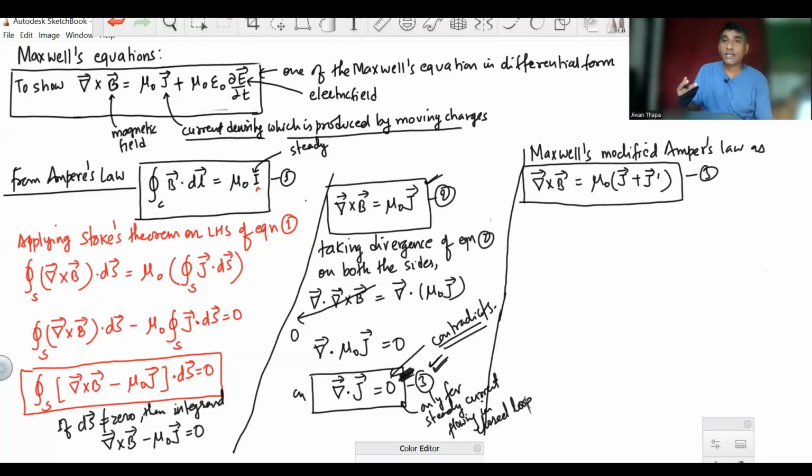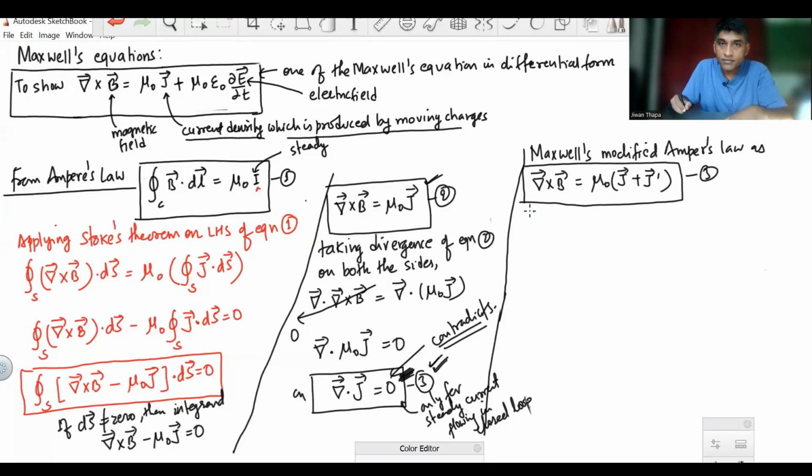And if we have steady current, then we get divergence of current density equals 0. But we find a magnetic field between the plates of the capacitor, and we cannot have divergence of current density equals 0. Clear? So for that reason, Ampere's law has to be modified, and Maxwell modified Ampere's law. So he introduced J dash, which is a current density. Clear? This is current density, because we are adding J dash with J.